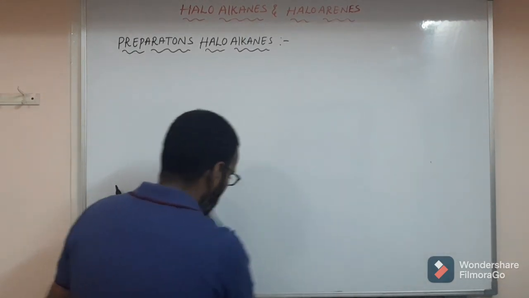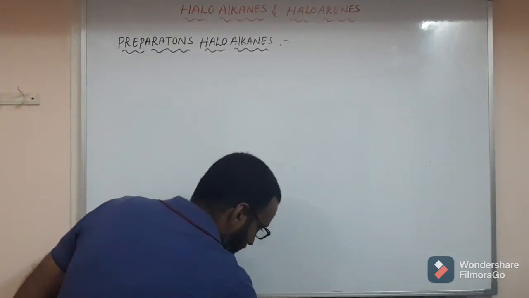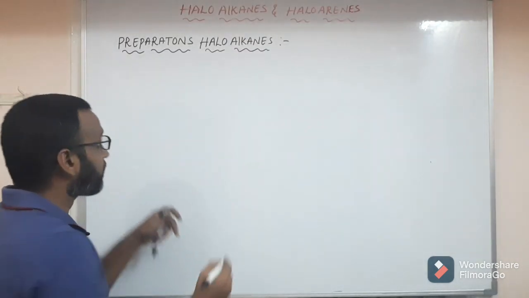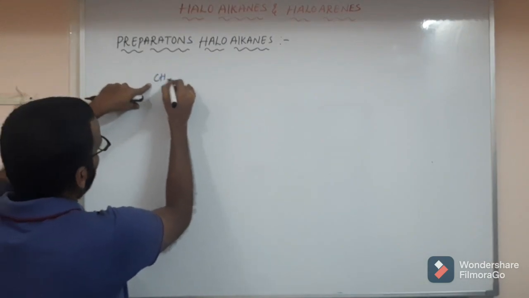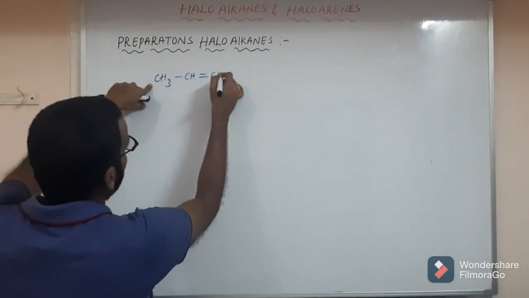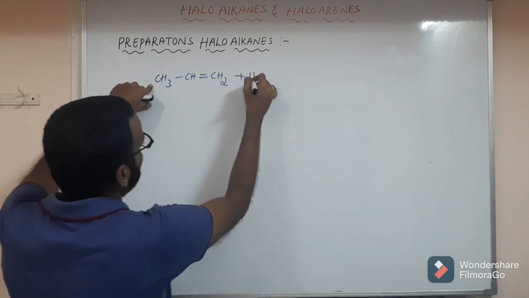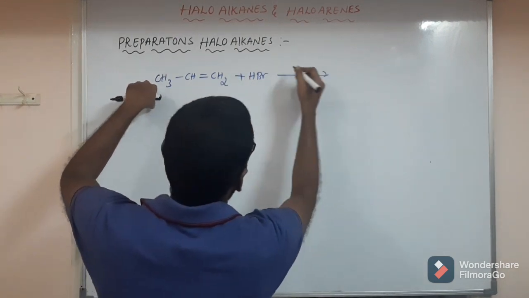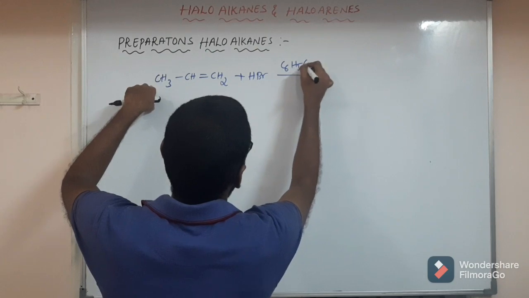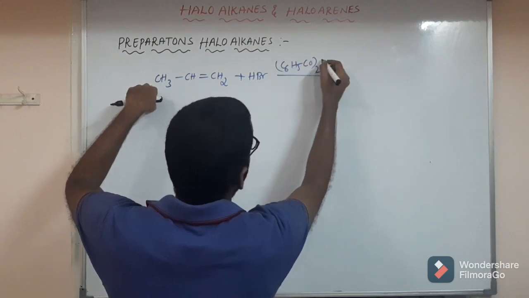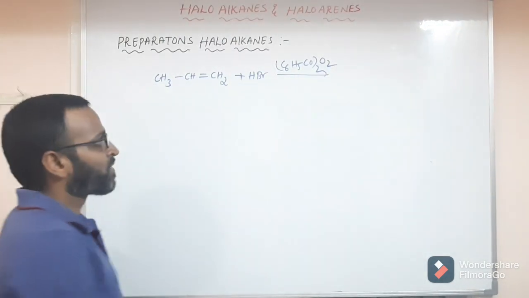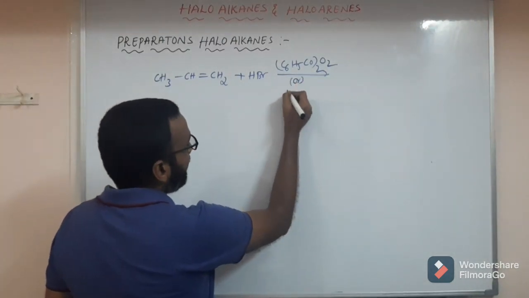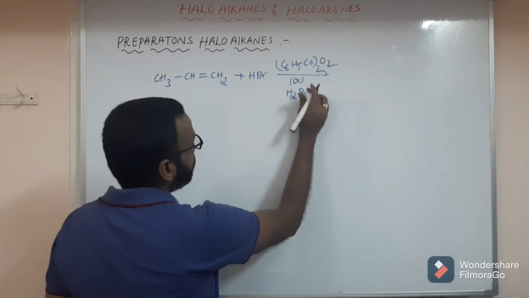In preparations, again from alkenes, the Anti-Markovnikov rule is there. CH3, CH double bond CH2, when I am adding HBr in the presence of benzoyl peroxide, C6H5CO whole twice O2, or else you can use hydrogen peroxide, H2O2.